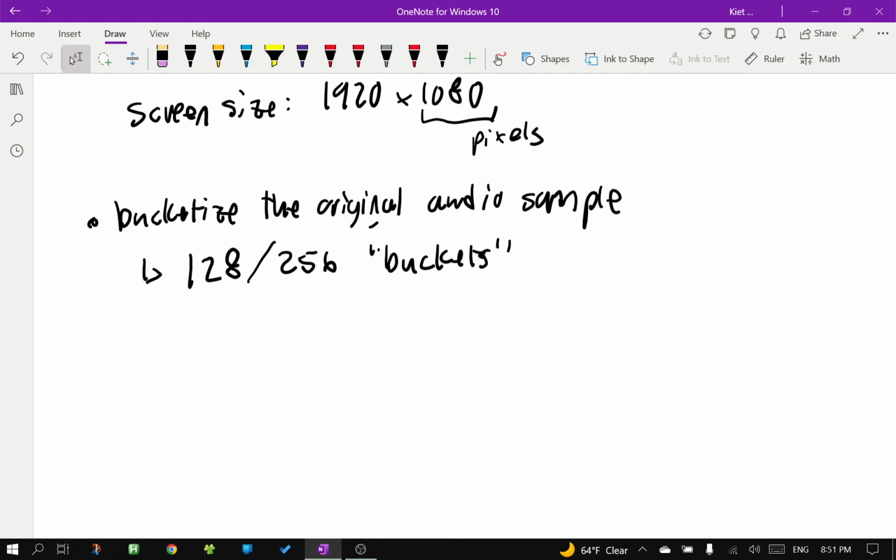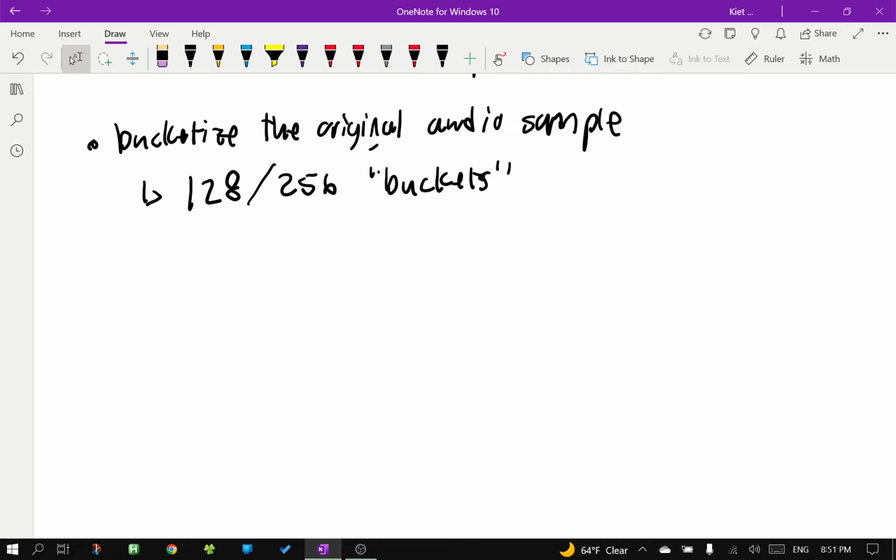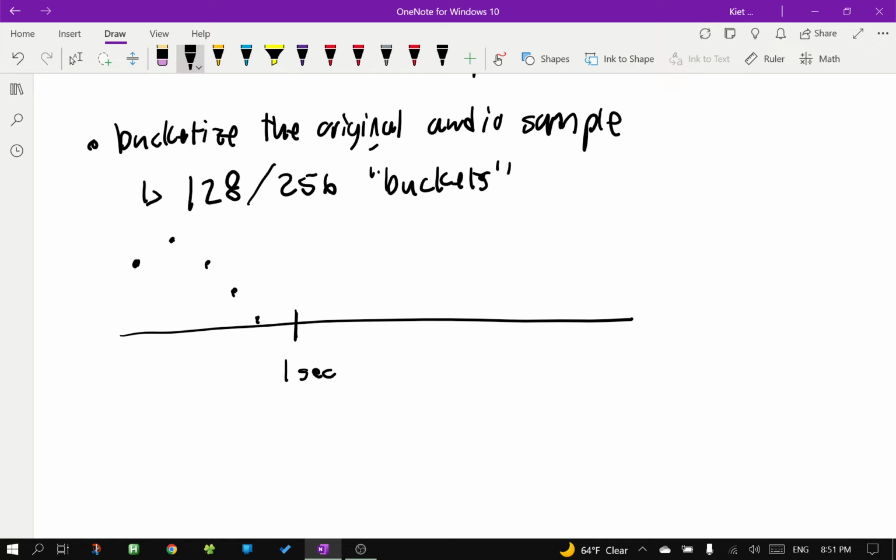So yeah, we would bucketize the original audio sample in buckets. Say this is like 1 second, and say there's only like 4 buckets. Okay, I'll redraw it like this.